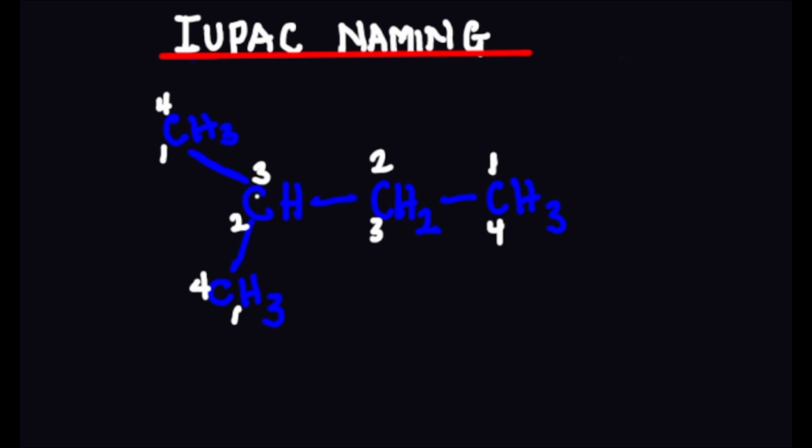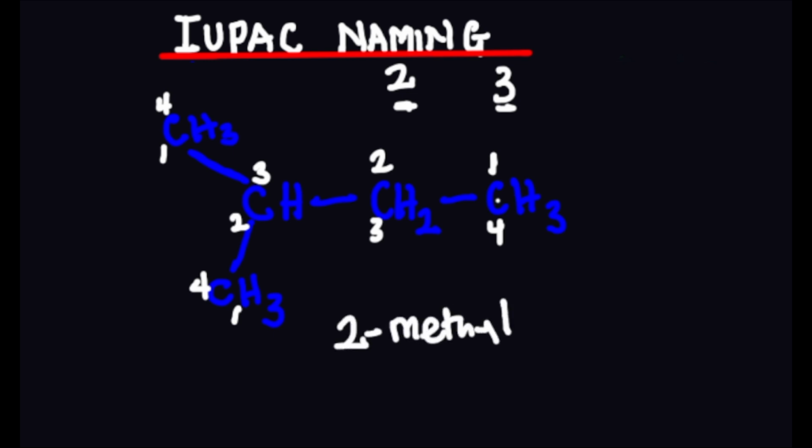And then, if I'm considering the backward numbering, I'm going to have the attachment on position 2, and if I'm considering the forward numbering, I'm going to have the attachment on position 3. So since 2 is lower than 3, I'm going to pick 2. In that case, I'm going to have this name to be 2-methyl. Since I'm having 4 carbon atoms, that is basically butane. Butane in the sense that everything is a single bond. So that's basically 2-methylbutane.